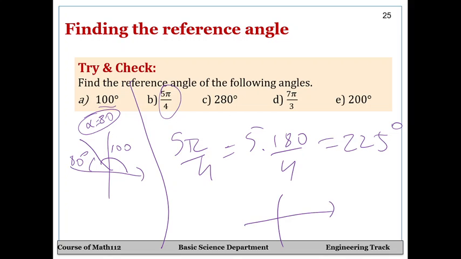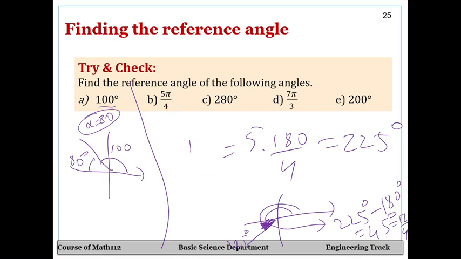So 225 degrees is here, and the acute angle with the x-axis will be 225 minus 180, so it will be 45 degrees, which in radians is pi over 4. Again, the reference angle will be pi over 4.